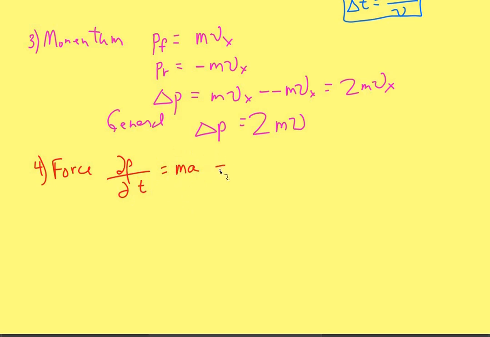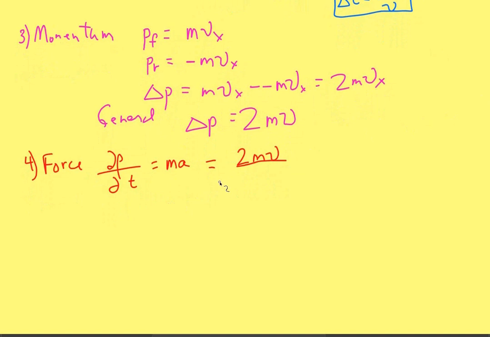So we can write this down as the change in momentum, which we've developed, is 2 times mass times velocity, and the change in time, which we've developed in blue, is 6L over v, velocity. And so that becomes 2mv squared over 6L, which is equal to mv squared over 3L, which is our force.